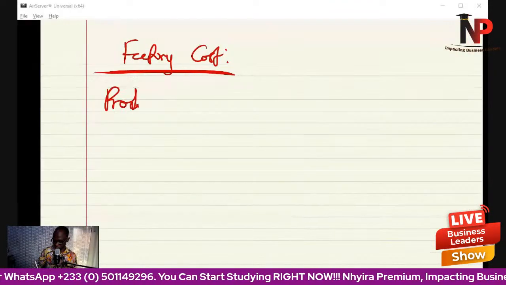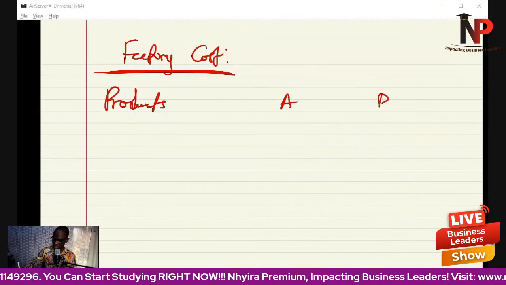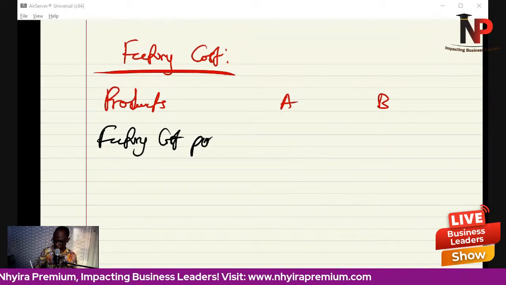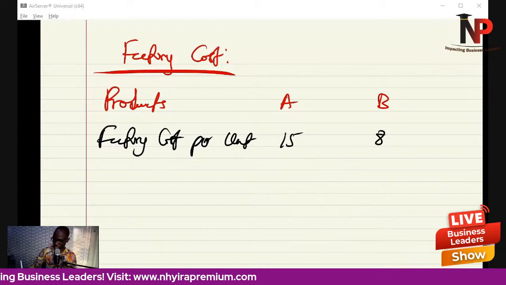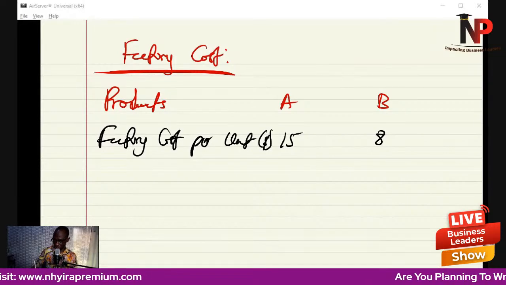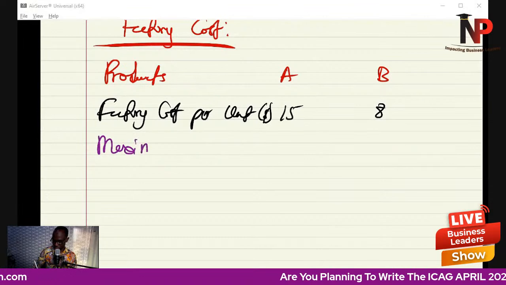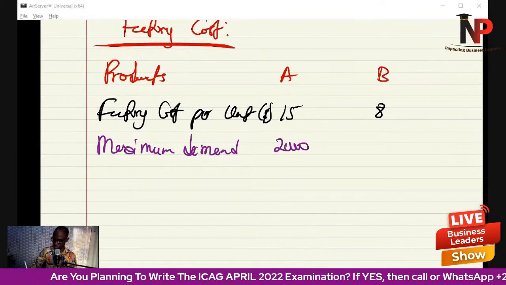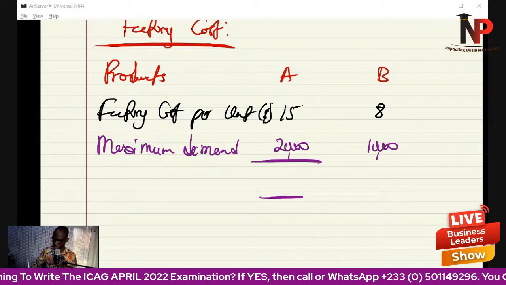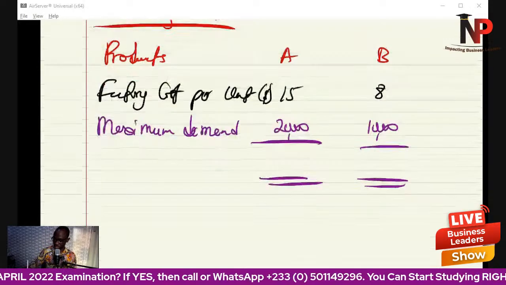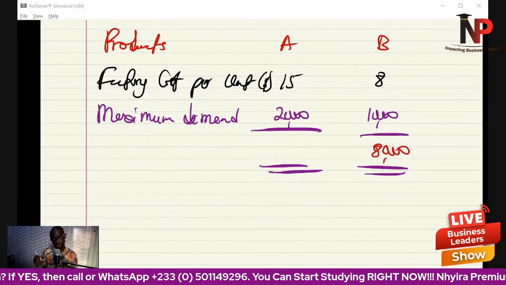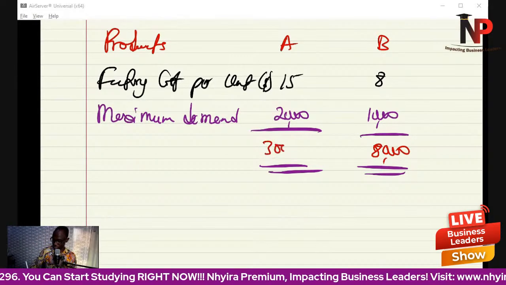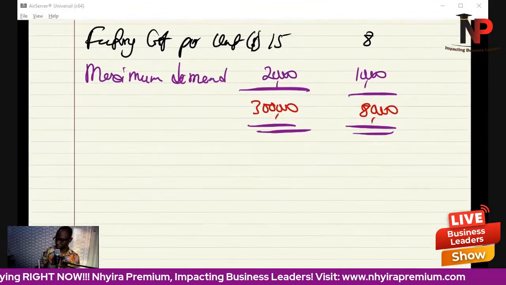So you bring in the products A and B. So factory cost per unit, 15 and 8. Then we bring the maximum demand, 20,000 and 10,000, and you multiply up. 10 by 8 is 80,000. 15 by 10, that will be 150, so 300,000.